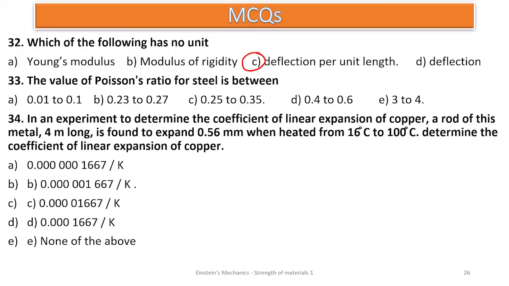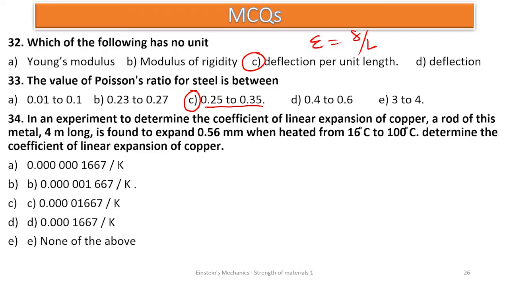Strain. Deflection per unit length. It has no units. The value of Poisson's ratio for steel is between 0.25 to 0.35. That is for steel.